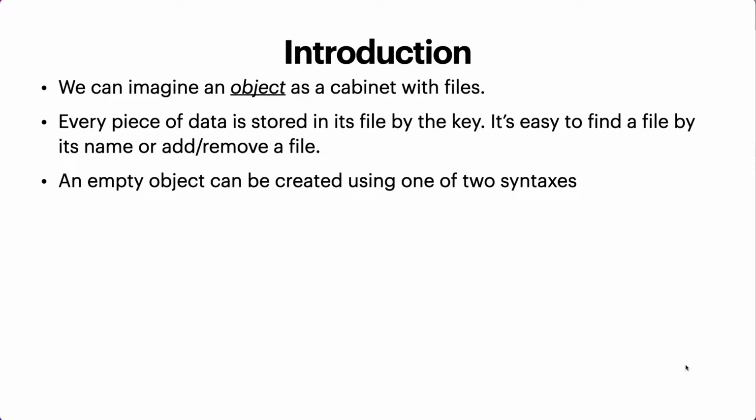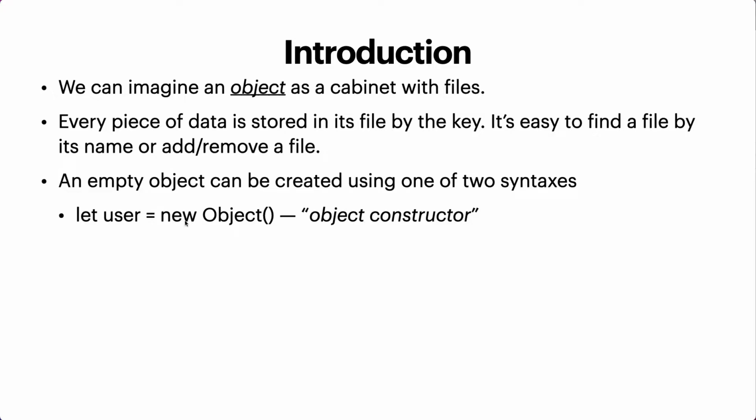An empty object can be created using one of two syntaxes. So we have two syntaxes basically for the way we create an object. The first one is basically this. We create a variable, and we assign it a new object constructor. We call it the object constructor. So here we use the new keyword, and then declare an object over here. We'll learn about constructors in the upcoming lectures, what an object constructor is and how we can define it.